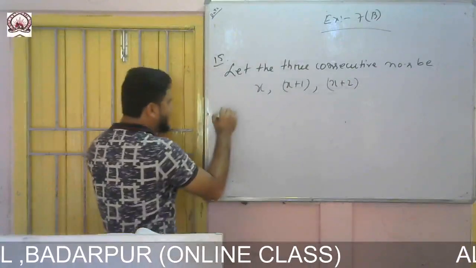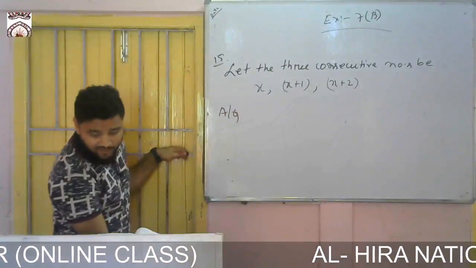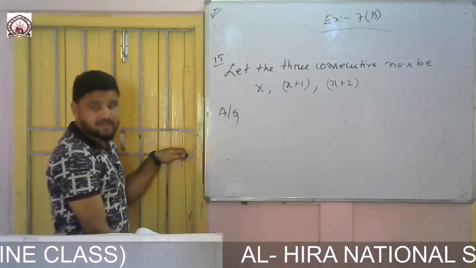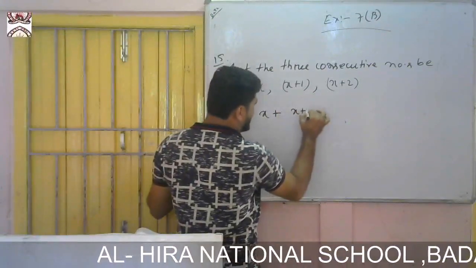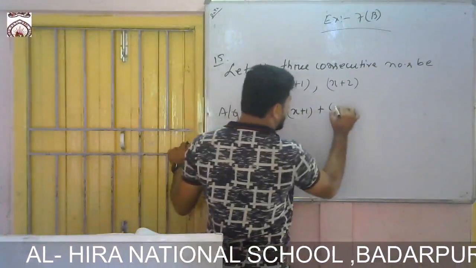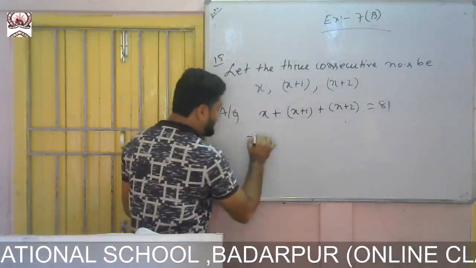According to the question, if we add all these three numbers, I shall get 81. Whose sum is 81. That means if I add all these numbers, I shall get 81. So I add all the numbers.